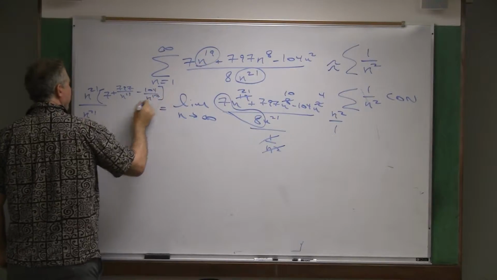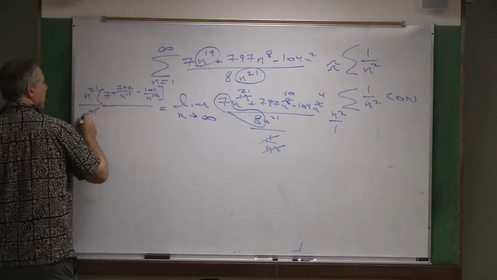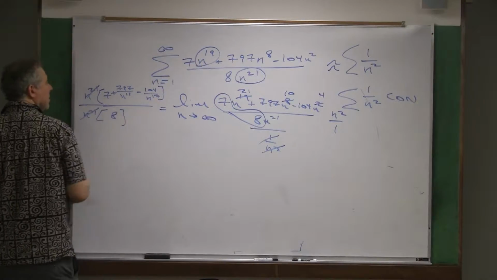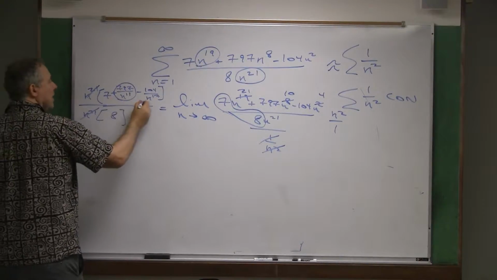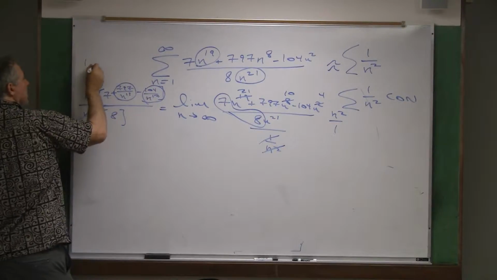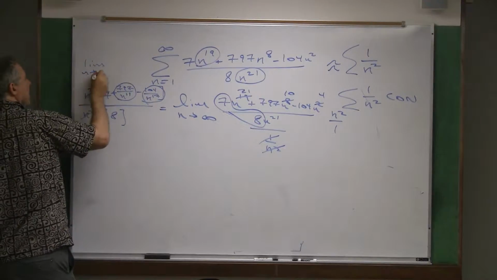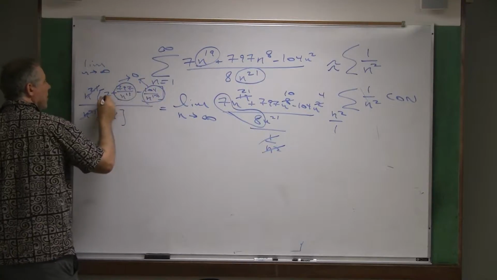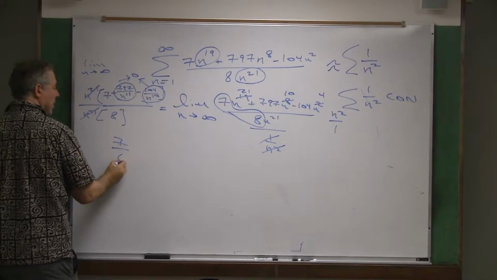And then the same thing down here. You cancel these. Here you've got just the 8. These go to 0 when n gets big, so you take the limit, and you're left with 7 over 8.